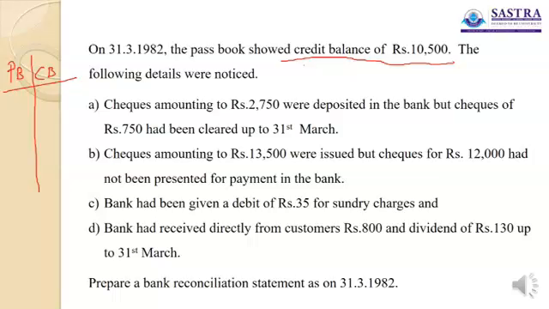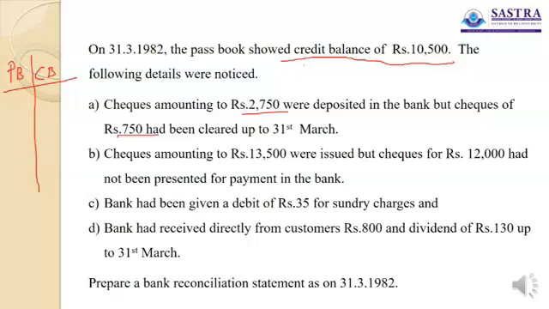Now, checks amounting to rupees 2,750 were deposited in the bank, but checks of rupees 750 had been cleared. So what does it mean actually? Out of 2,750, the collection of checks which were deposited in the bank, checks of 750 had been cleared. Only rupees 750 had been cleared up to 31st March.